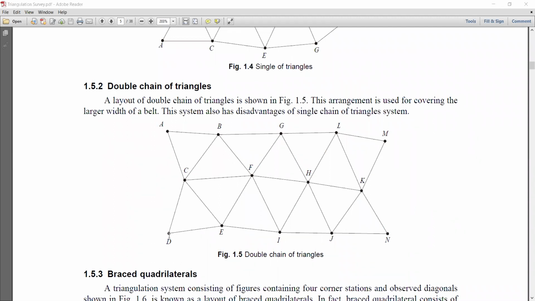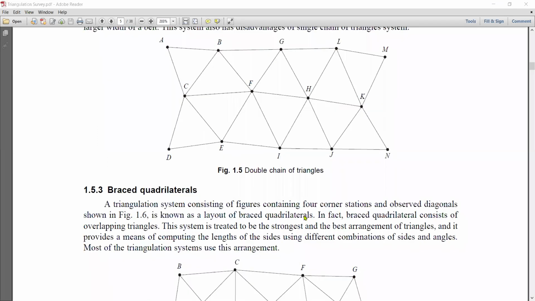A single chain is used where there is a narrow place, and a double chain where you are going to cover a larger width of a belt or region. This system also has the advantage of the single chain of triangulation system. By making these double chains, we can cover the larger area. This is how we arrange the double chain of triangles.